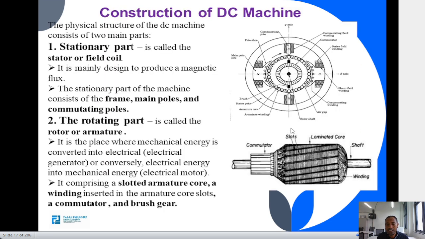When we look at the details of the construction of the DC machine, physically, the structure of a DC machine has two main parts: the stationary part and the rotating part. As the name indicates, the stationary part is not a moving part of the DC machine.